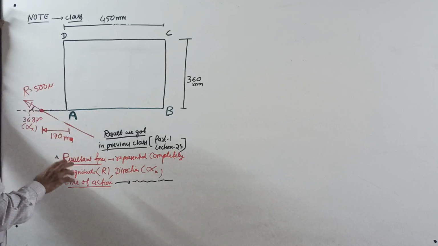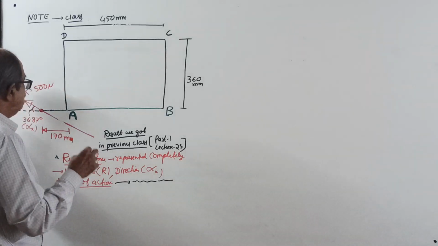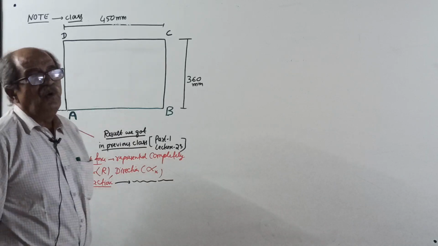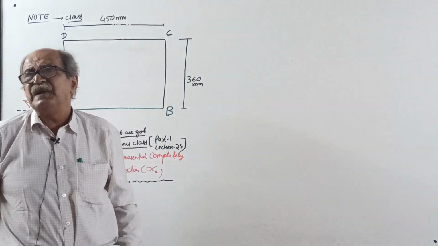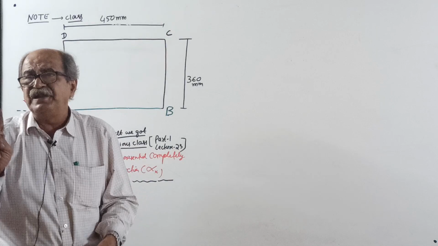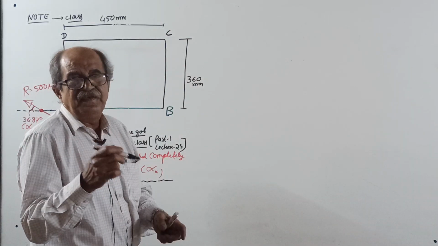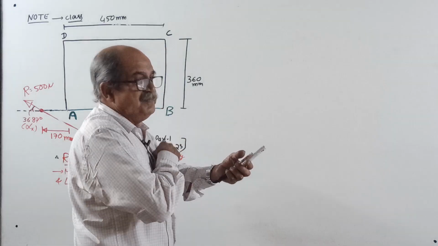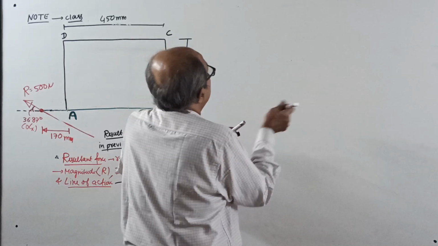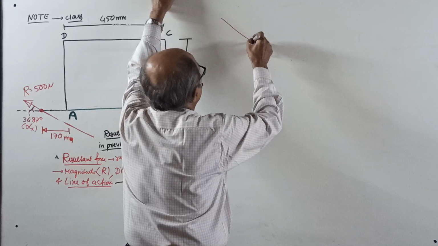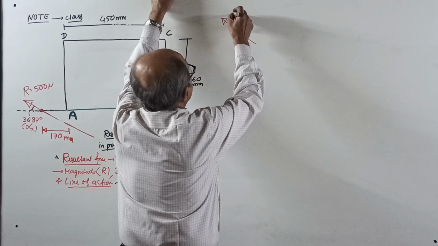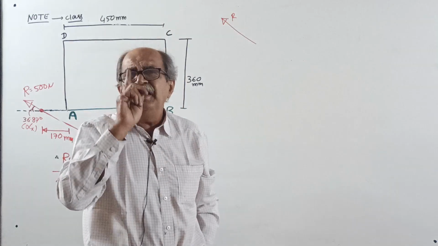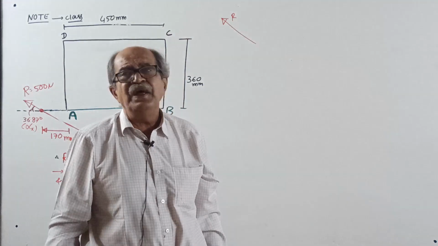Is it compulsory that you should locate with respect to A on AB? No. You can locate along any line with respect to any point. The reason I will tell first, and I will repeat what I told earlier. Make a note after the class: if the resultant is inclined, then it will cut each and every horizontal line and vertical line.